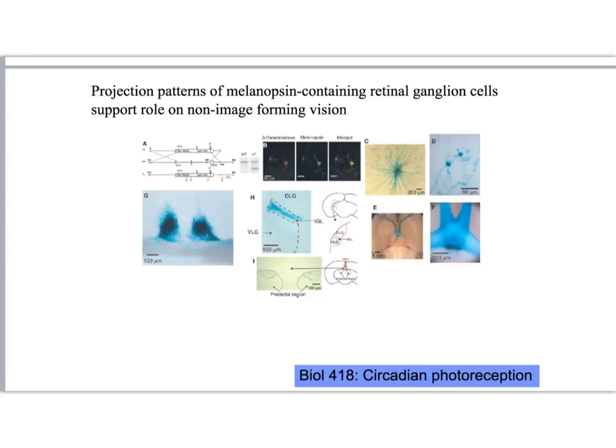What this paper showed, and this was actually done before, was that indeed melanopsin cells projected to the relevant areas that needed to be reached in order to achieve circadian entrainment and pupillary reflex and melatonin inhibition. And this is the Tau-LacZ strategy that you read in the paper, showing that indeed melanopsin cells target the SCN in a very dense pattern. They also target the intergeniculate leaflet, which is another area involved in circadian modulation.